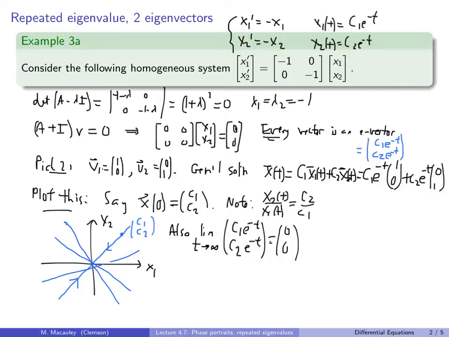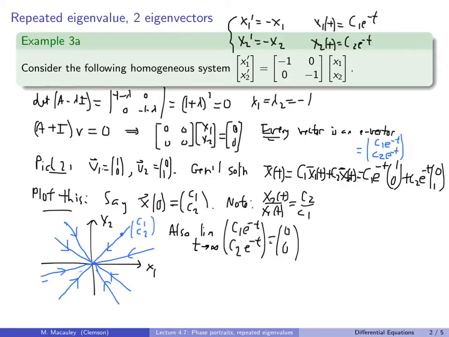But I can draw that better. So no matter where we start, we're going to be going into the origin at exponential speed, because this describes our path.